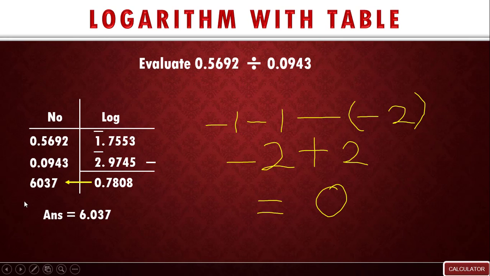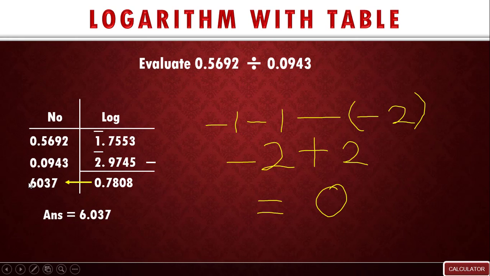So for those of you that are making use of your 4-figure table, what you just need to do here is to add 1 to your characteristic, and that will help you to determine the places of decimal where you are supposed to put your decimal. So when we add 1 to this, it gives us 1, that means we are moving towards our right hand side because we got a positive value for our characteristic.